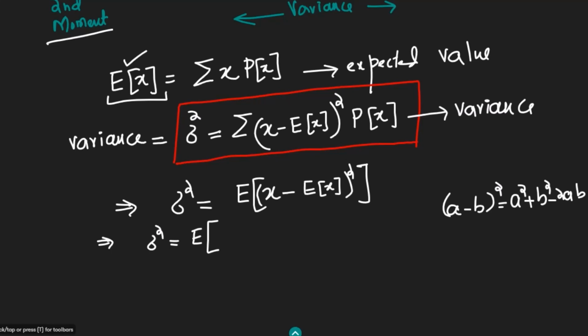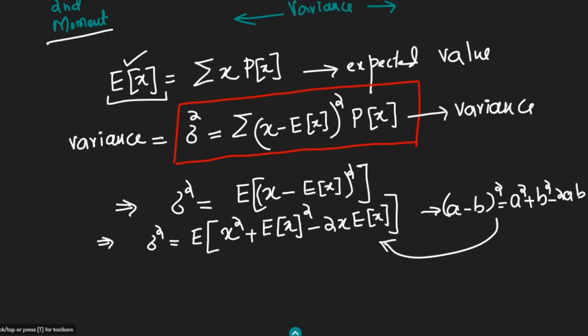Applying this formula, we get x square plus E x whole square minus 2 x E of x. According to the formula, when we have opened it, I get this. Now to find the expected value and separate the terms, I apply the expected value separately because of the linear property.